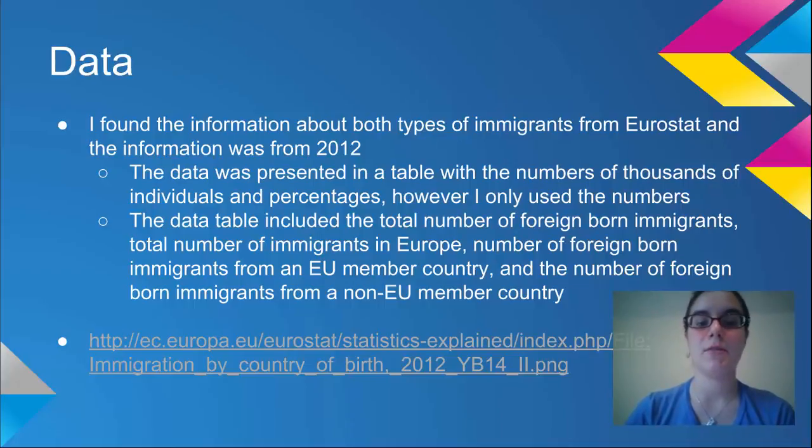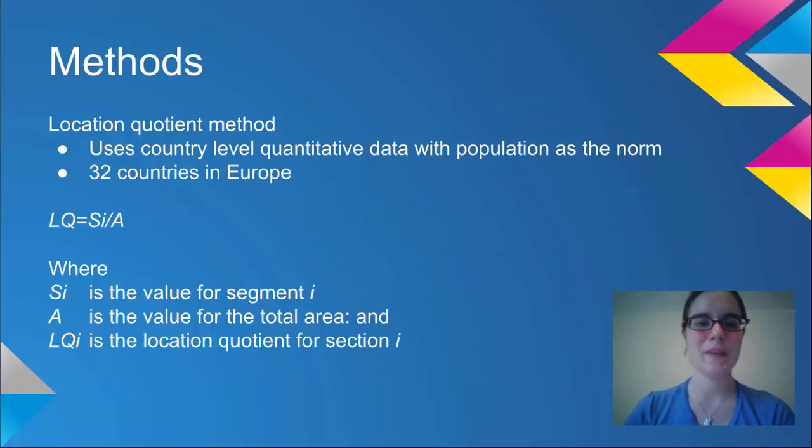The data table included the total number of foreign-born immigrants, the total number of immigrants in Europe, the number of foreign-born immigrants from an EU member country, and the number of foreign-born immigrants from a non-EU member country. At the bottom is the URL for the data.